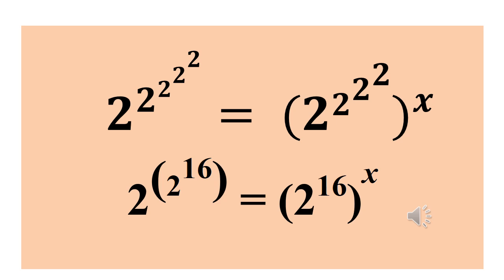That will give us 2 raised to power 2 is 4, 4 raised to power 2 is 16, so we have 2 raised to power 16 then raised to power x. Then we now have 2 raised to power open bracket 2 raised to power 16 close bracket equals open bracket 2 raised to power 16 close bracket raised to power x.